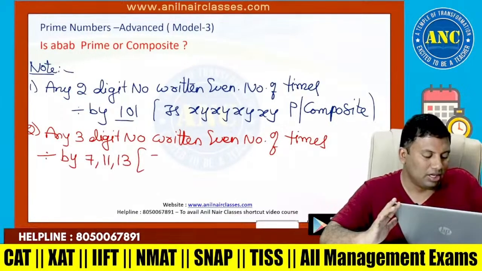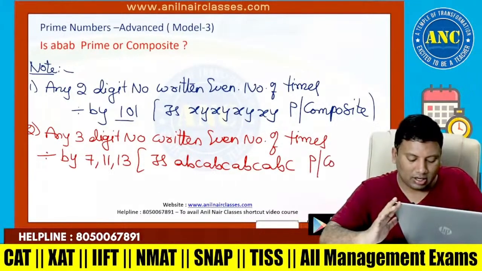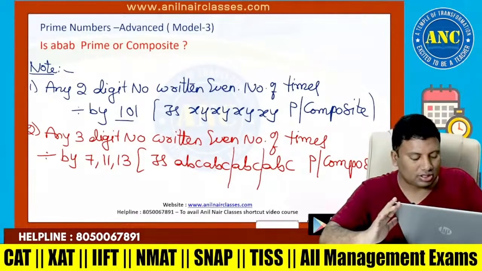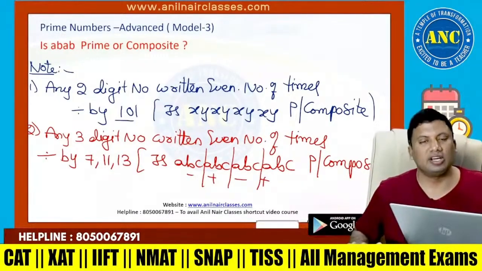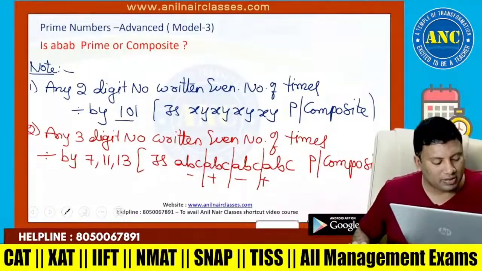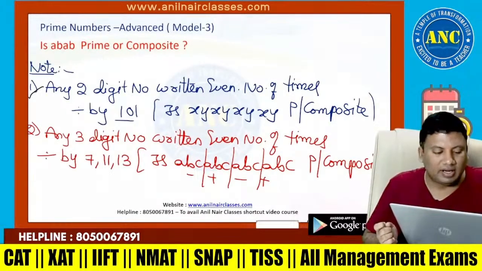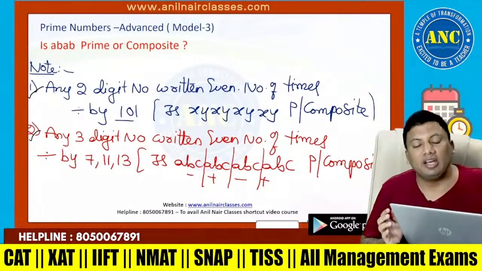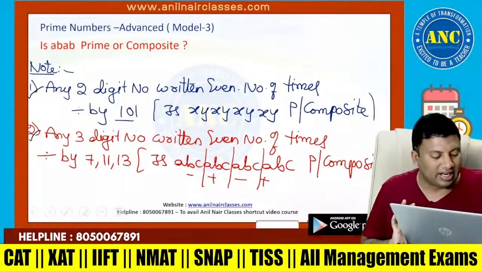For example, if the question is ABC, prime or composite, take a group of 3 digits, alternately plus minus. So the answer is divisible by 7, 11, 13. Please make a note of these two important concepts. A 2-digit number written even number of times is divisible by 101. Any 3-digit number written even number of times is also divisible by 7, 11, 13. I hope the idea is clear.